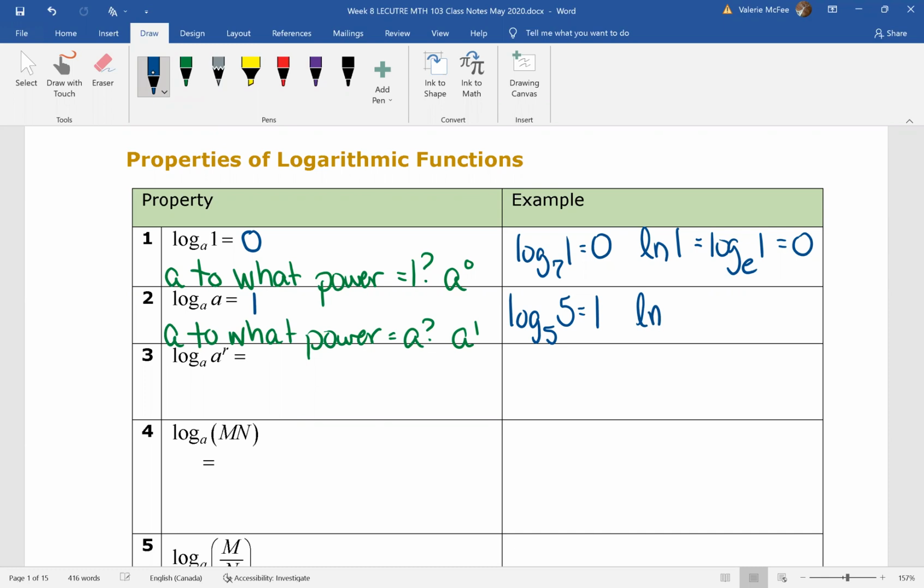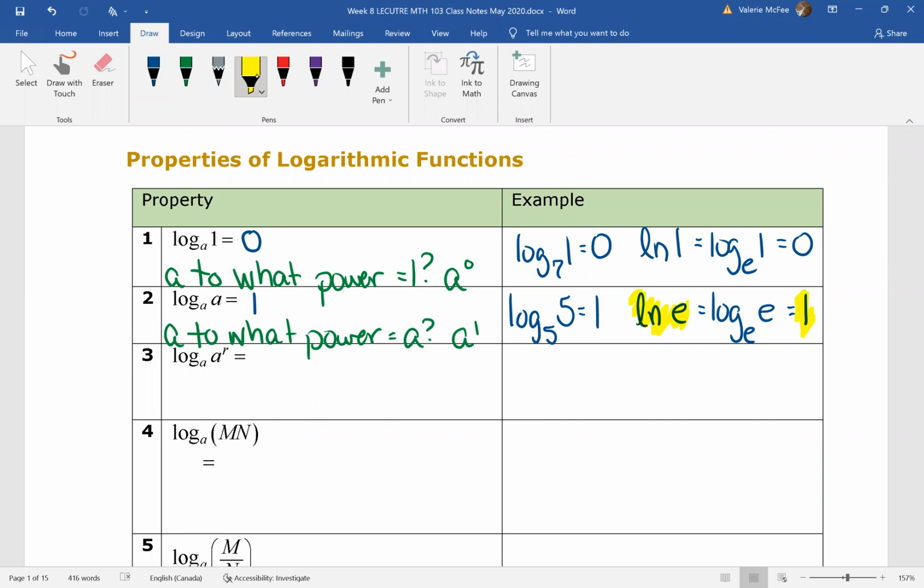The natural log of e. Remember, the natural log can be rewritten as log base e, and the argument here is e. Log base e of e also equals 1. This is a good property to memorize, especially when it comes to the natural logarithm. It allows us to simplify things quickly.